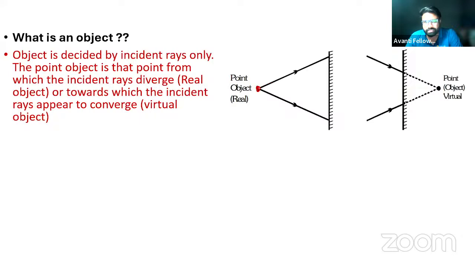Here's the object and these rays are diverging. When rays move in this manner, at each and every point of time the distance between any two rays is increasing. This form is termed as diverging rays.